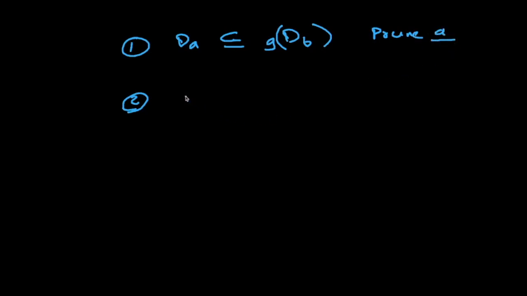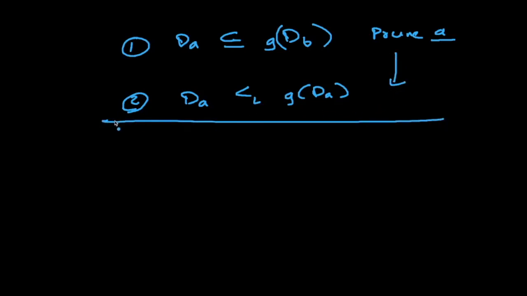Or the other case in which the domain under some permutation is lexicographically smaller than itself. In that case also we can prune this node A, right? So these are the two ways we discussed. This one involves a little bit of math to understand why it is valid, but this is trivially obvious. But at the same time it is not super frequent, whereas this happens quite a lot.